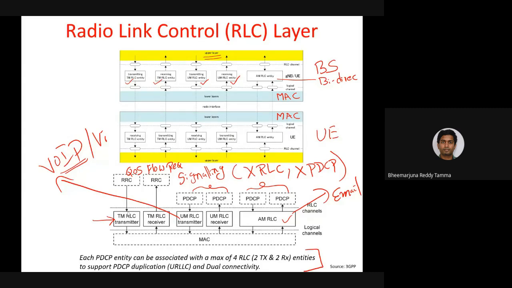So it is up to the applications and the operator to decide whether to enable reliable delivery by choosing AM mode in the RLC, because as you said rightly, the MAC layer is already doing the hybrid ARQ and guaranteeing reliability. In the extreme case, where you expect reliability rather than asking TCP to retransmit, then you enable MAC layer reliability and AM mode reliability at the RLC layer. Otherwise, you leave it with the MAC layer reliability with hybrid ARQ by choosing the unacknowledged mode of the RLC.